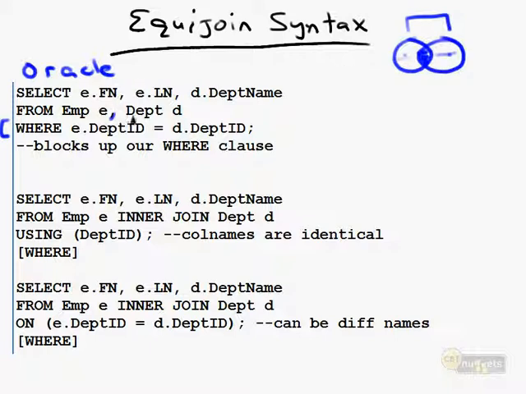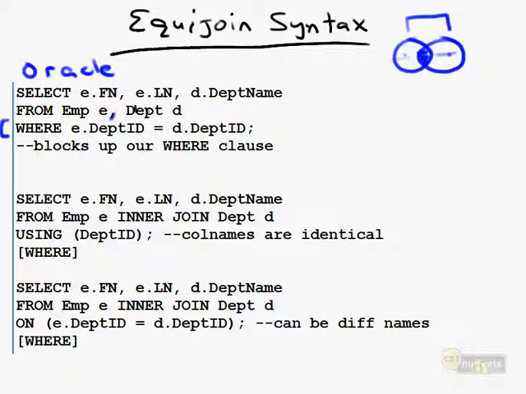I also want you to see we're using table aliasing. This should not be a surprise to you. So our employee or emp table we're aliasing to E, and our department table we're aliasing to D. You're going to find almost universally, friends, as you look in the literature, not just for Oracle, but any RDBMS, that when you get into join syntax, in order to keep your tables and your columns as compact and easy to read as possible, it's almost a given that you'll want to alias the table names.